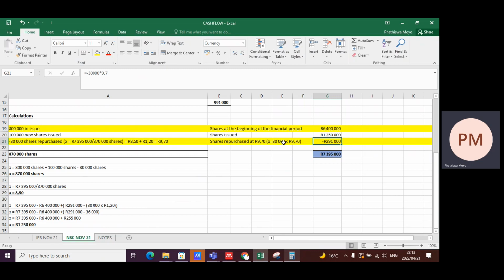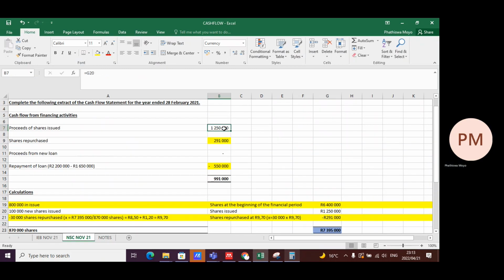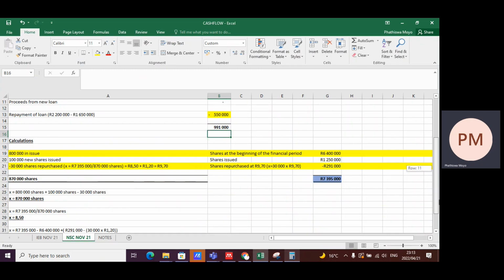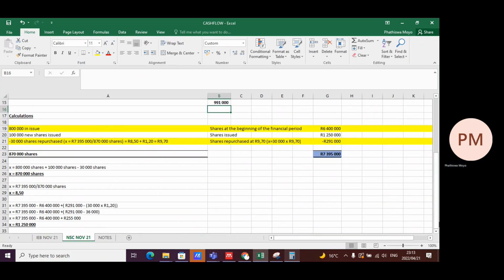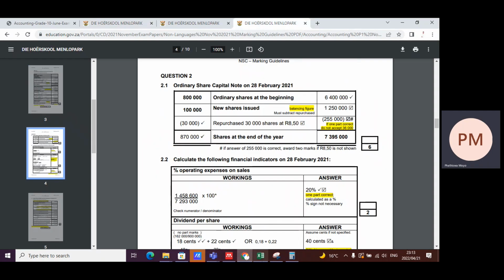Let me reiterate this. Let's start from scratch and explain it, because I'm hearing many people saying, "Ma'am, I'm lost." So according to the memo, this is your cash flow from financing activities. Now let's rephrase. Was it 1250?